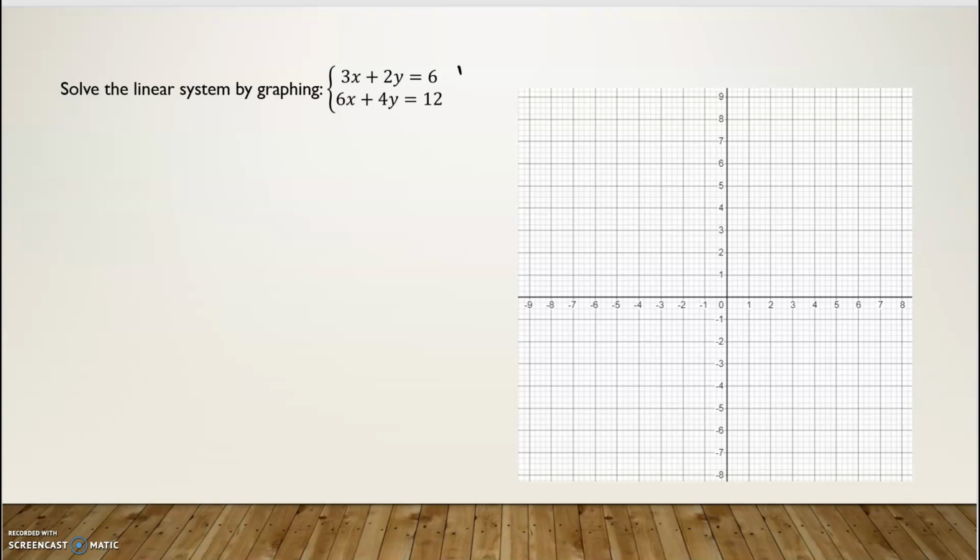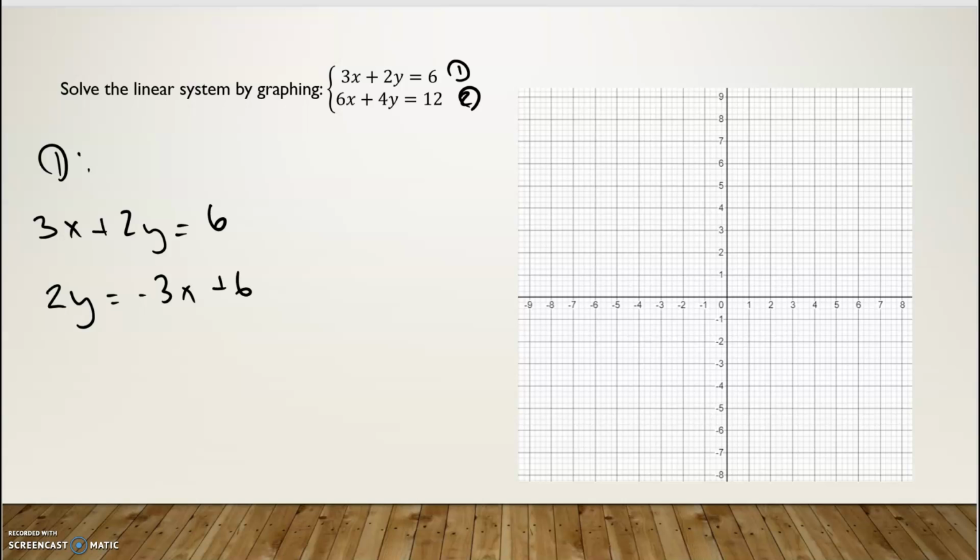Okay, now let's look at this one. We'll call this 1, we'll call this 2. So 1, 3x plus 2y is equal to 6. I'm going to move the 3x over and divide everything by 2. So y is equal to -3 over 2 x plus 3.